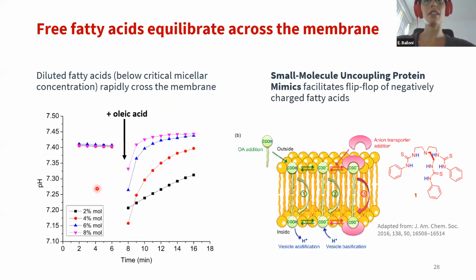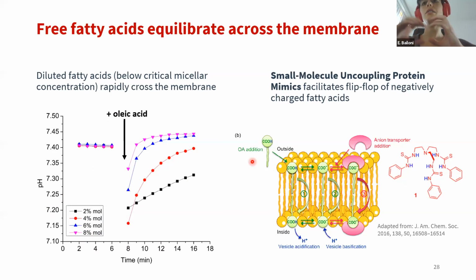So this is a very simple experiment that I have performed. However, these data sets are also present in the literature already. Just as a small recap for those who might not know, oleic acid, or any other type of fatty acid, is present in solution in a neutral form and in a negative form.